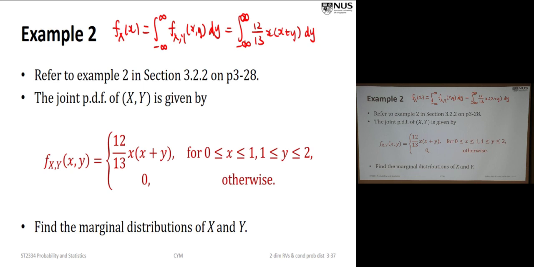Is this correct? f of xy equal to this, so I substitute it. Is it correct? If no, what's wrong?